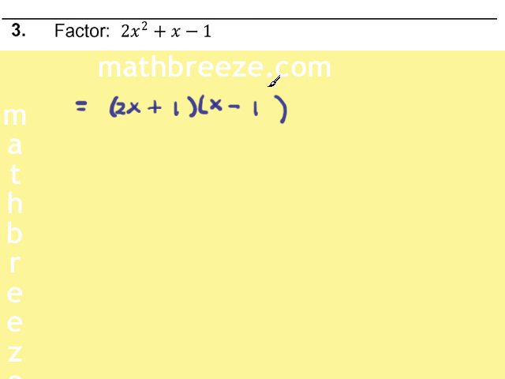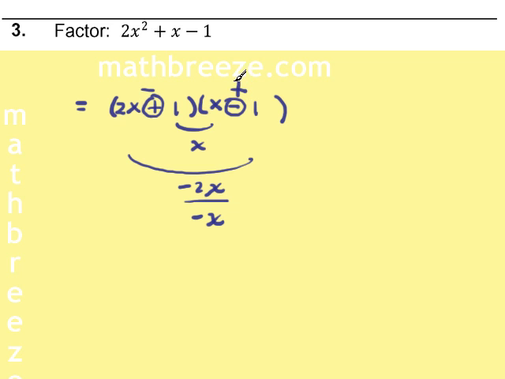That's the only choice. And for factors of 1, check the middle term, and we have x minus 2x, which leaves us with negative x. Middle term, but wrong sign, so switch these. So that was the third method of factoring quadratics, which is reverse FOIL.